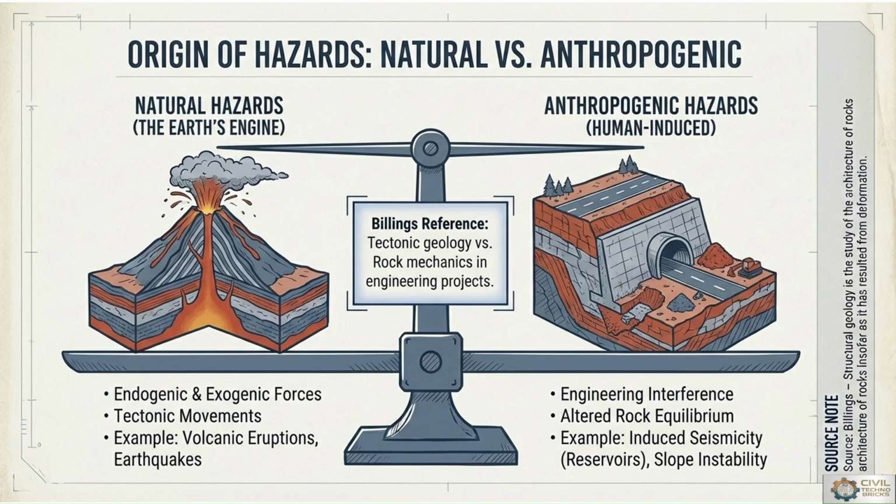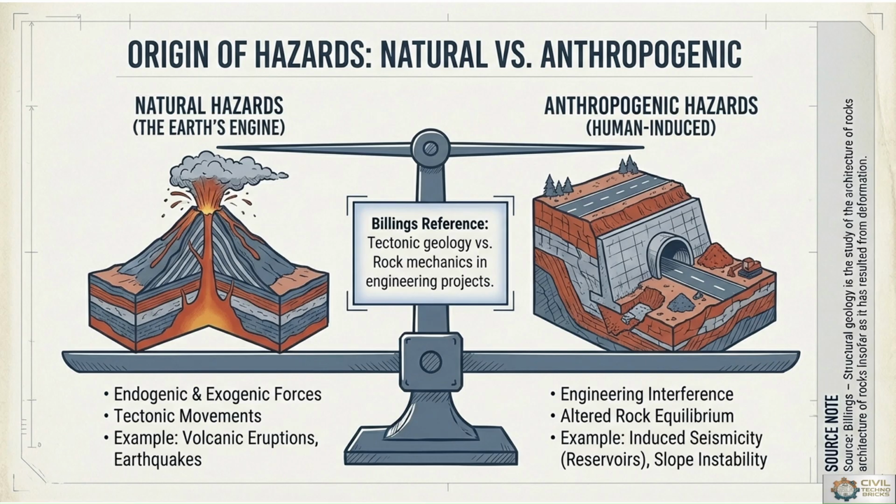Natural hazards are processes driven by tectonic movements and the earth's internal forces or vibrations, such as earthquakes, volcanic eruptions and tectonic activities, whereas anthropogenic hazards are human induced geological disturbances, or we can say man-made activities, which discuss how engineering interference can disturb natural rock equilibrium or stability and trigger instability.